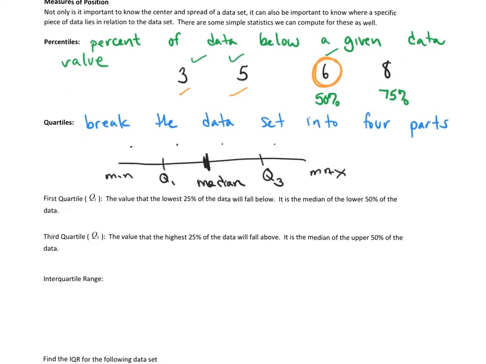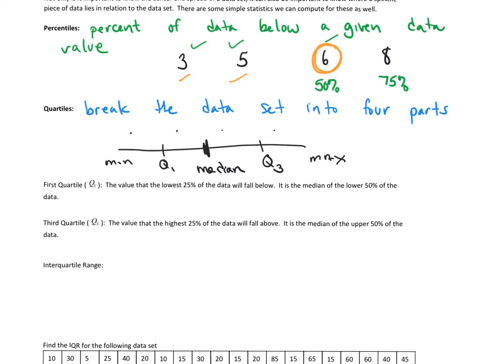The last thing we'll do with the quartiles, and this is a very important part of spread in a data set, is use the interquartile range. The interquartile range is the range of the middle 50%. We want to find out how far this middle 50% is spread out.